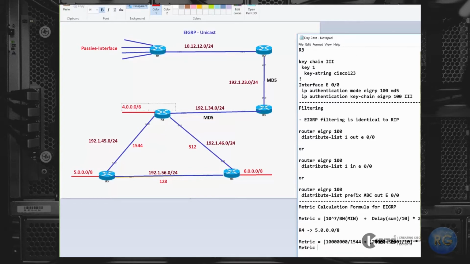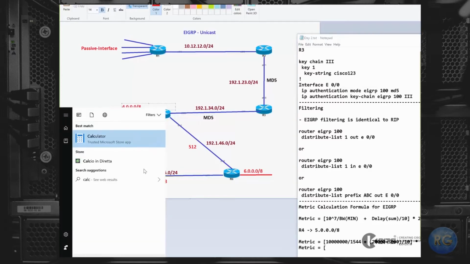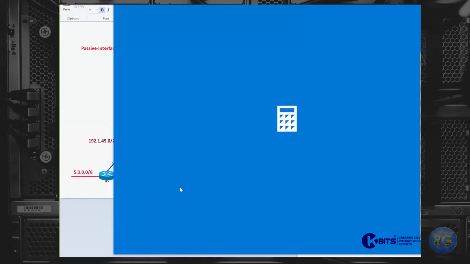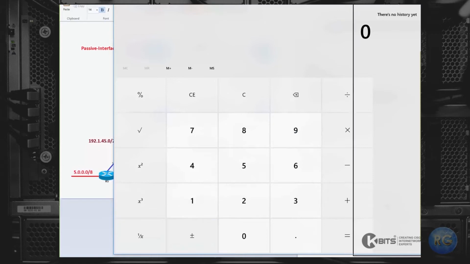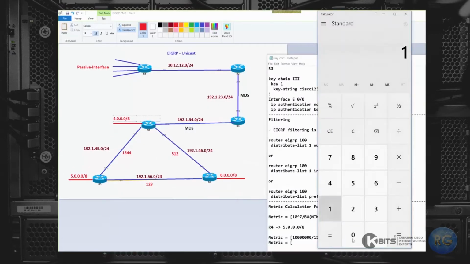Okay, so let's do the math over here. 10 to the power of 7, if you take your calculator out and you do the math, 10 to the power of 7, 1, 2, 3, 4, 5, 6, 7, divided by 1544, should be 6476 or something like that. 6476 dot something, right?